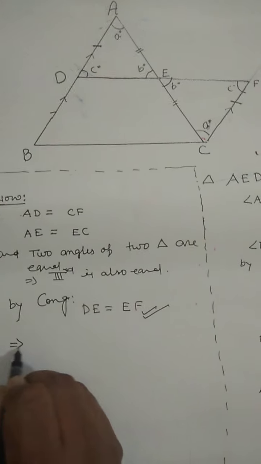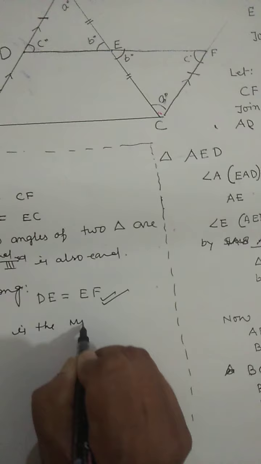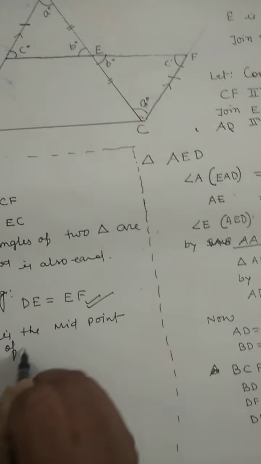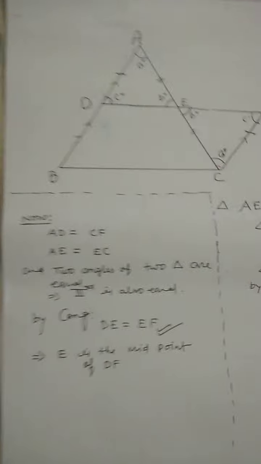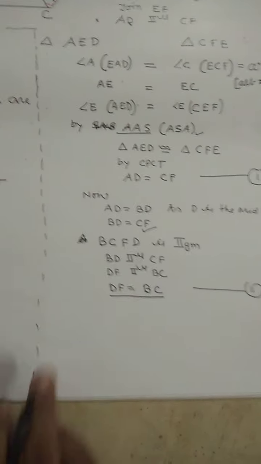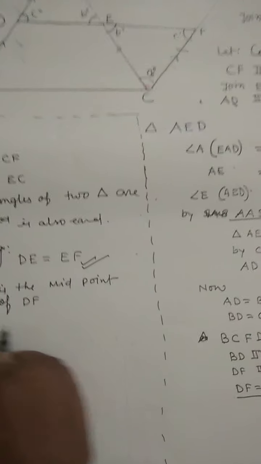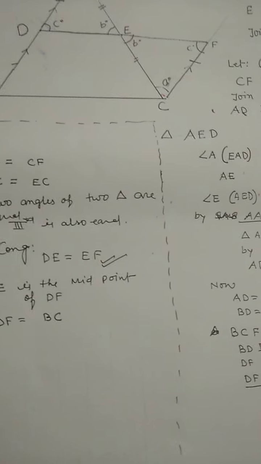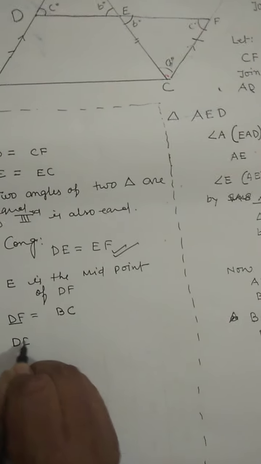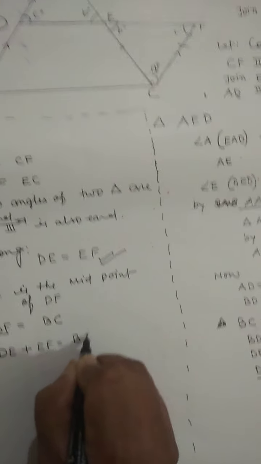This implies what? E is the midpoint of DF. And already we said DF is equal to BC. So we can write DF is equal to BC, or DF is equal to DE plus EF, which is equal to BC.